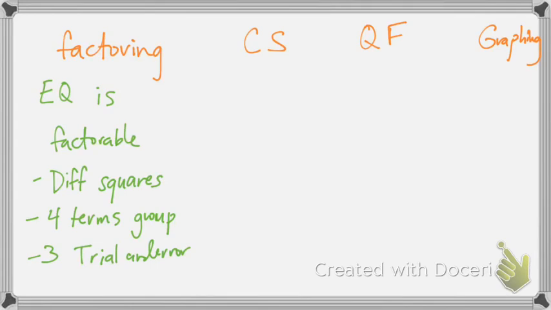Completing the square, you would only want to do if it's probably not factorable. And if it tells you to, yes. But if your middle term is even, we want it to be even, right? If it's odd, then you get weird fractions, and you just don't want to do that.